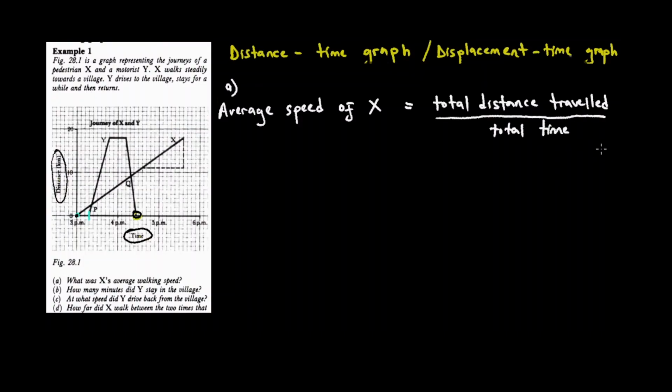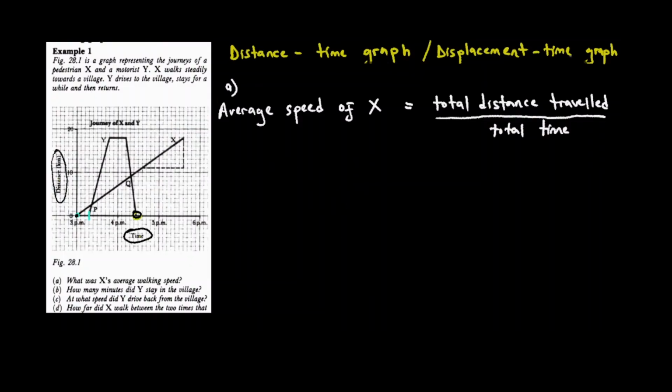If the question just said speed, we would say speed is distance over time, but when it says average, you take the total distance traveled and divide by the total time taken. That's a technicality you should be aware of: the difference between speed and average speed.